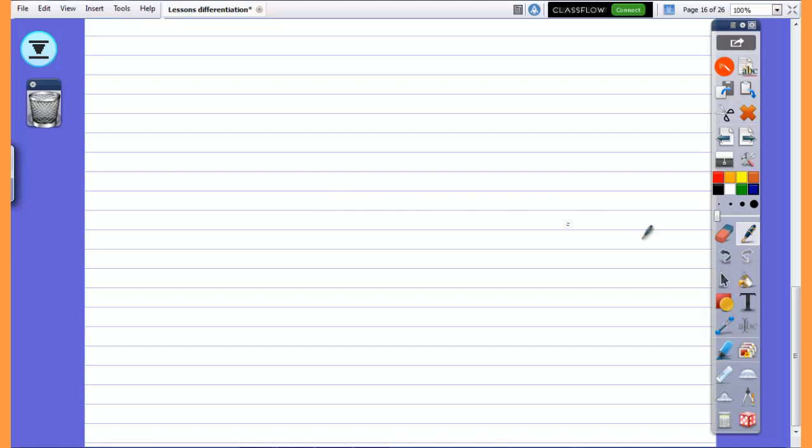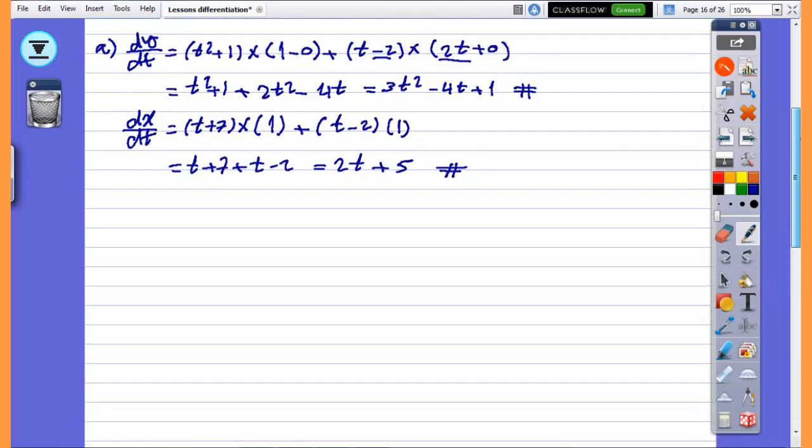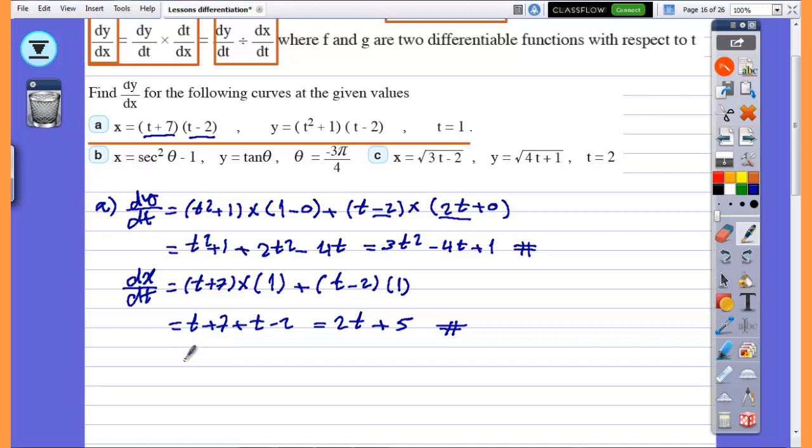Now we will calculate dy/dx. As we said before, dy/dx equals dy/dt divided by dx/dt from the first definition here.